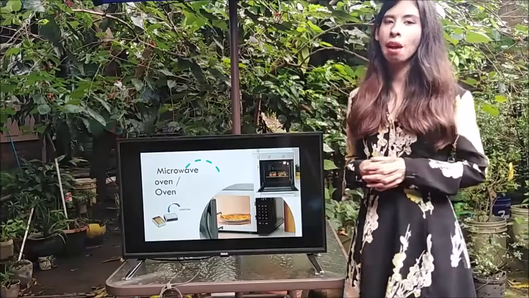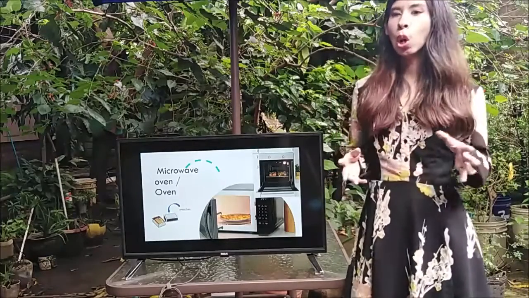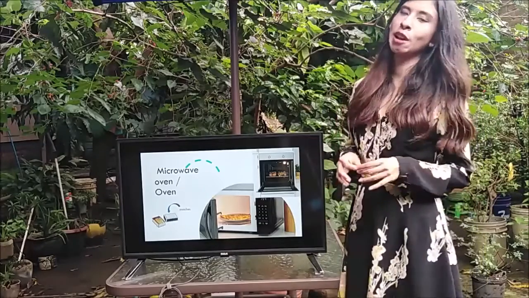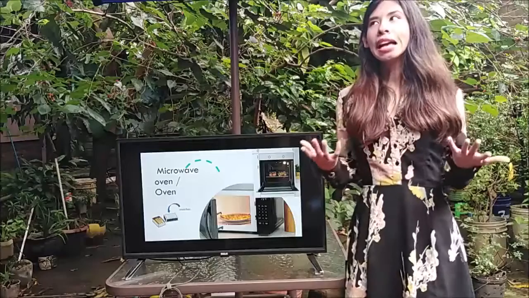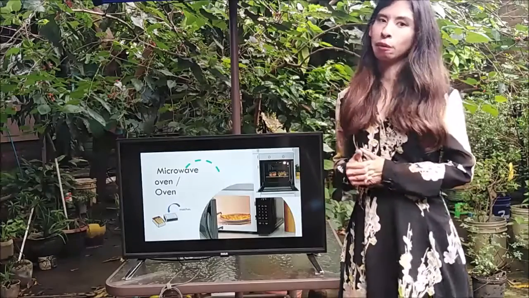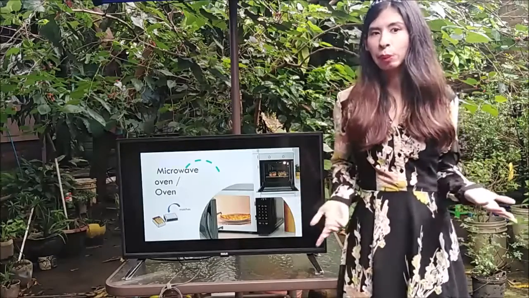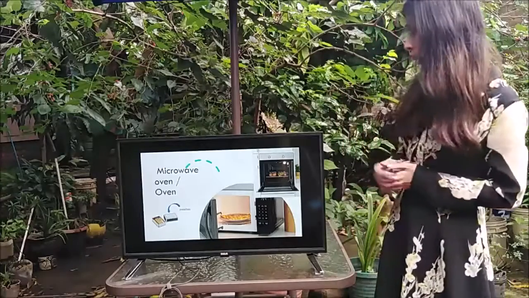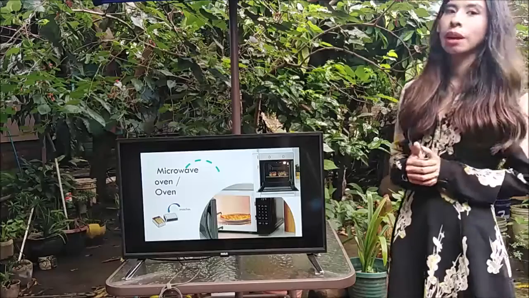Remember that we may have different types of ovens. So we have one that is very common and it's very useful whenever we are trying to heat our food, a food that is already prepared, of course. The microwave. The microwave oven, which is this one, right?